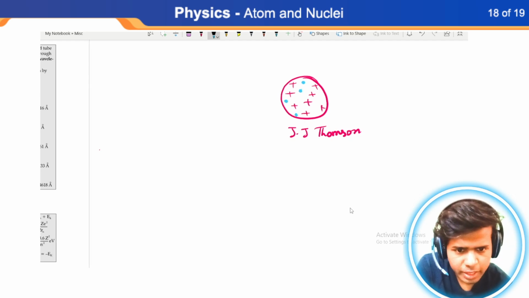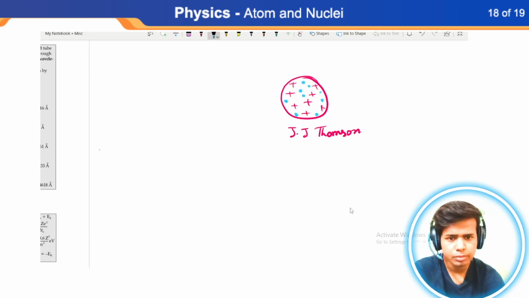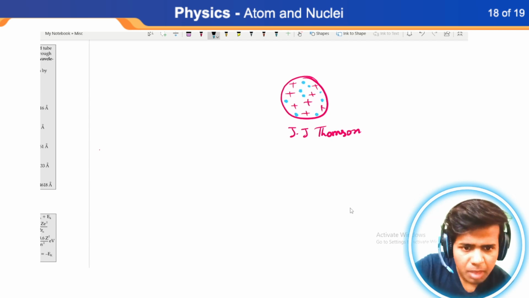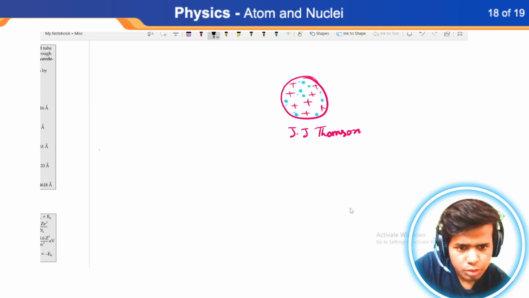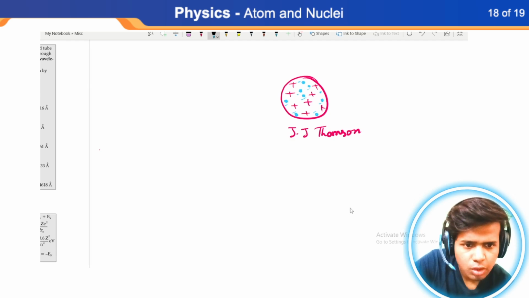Particular point charges, electrons embedded on it, such that it becomes effectively neutral, but it is like a common whole, a common mass charge, and these are point charges, electrons, and they combine to make an atom, electrons and protons. So this was called plum pudding model.